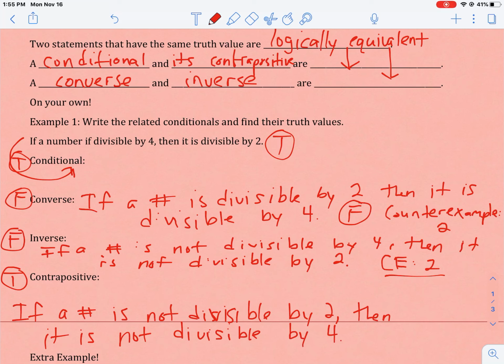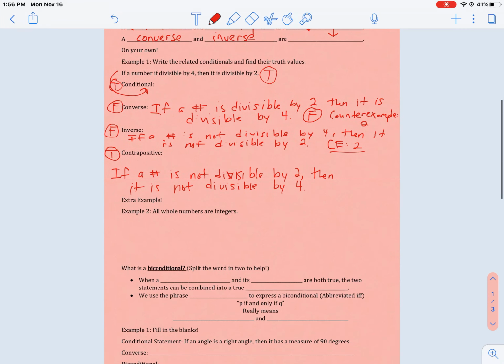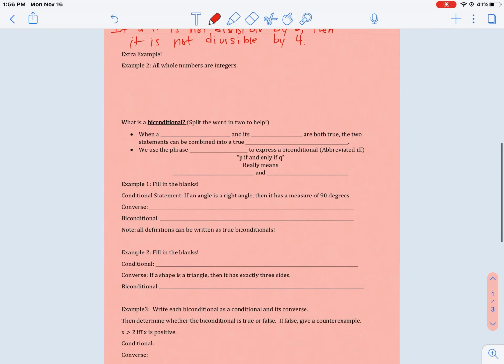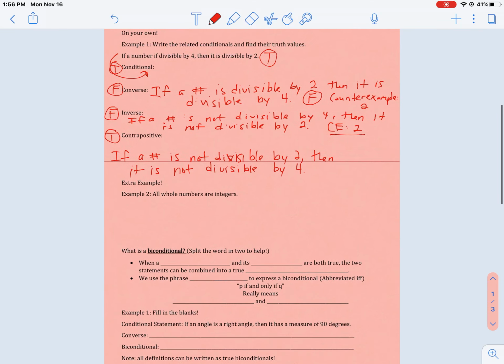Okay? This makes sense. This is true. Obviously, it's true because the conditional was true. But we know that if a number is not even, it can't be divisible by 4. That's basically what not divisible by 2 means, that it's not even. Okay, there's an extra example here. We're not going to do that too much. We don't have enough time.